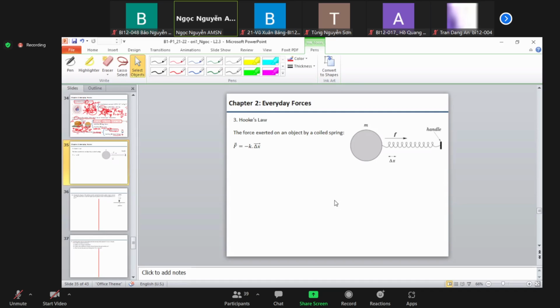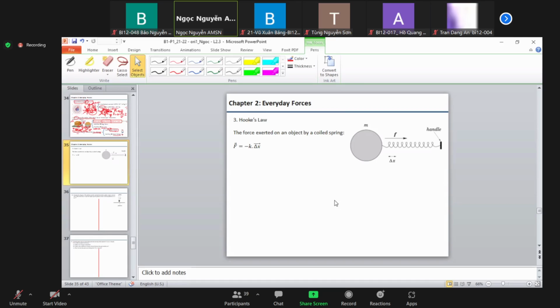If I pull the spring in this direction, I act on it with a force like this. For sure your spring will be elongated like this, right? And the displacement moved is x.